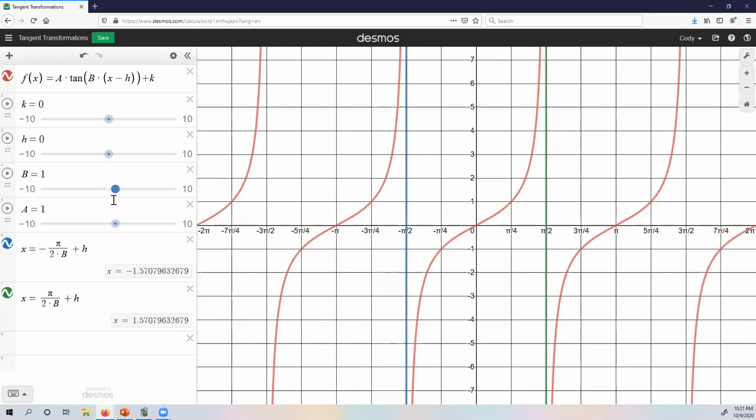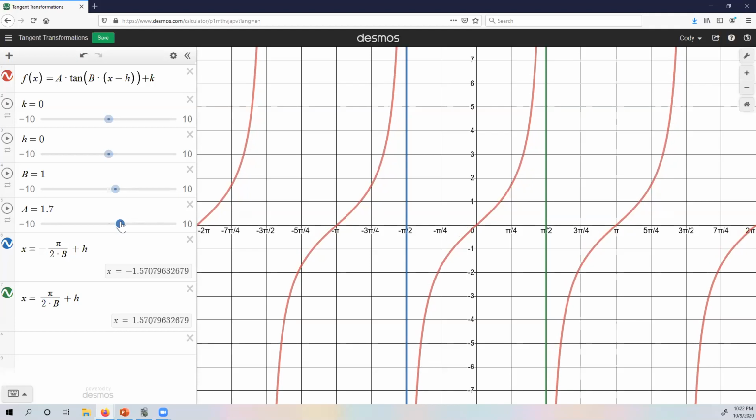And then changing the value of a, we knew from sine and cosine that would change our amplitude. Again, we don't quite have the concept of amplitude with the tangent function, but we do know also changing that value in front would help us to stretch or compress the function. And so notice that's what happens here.